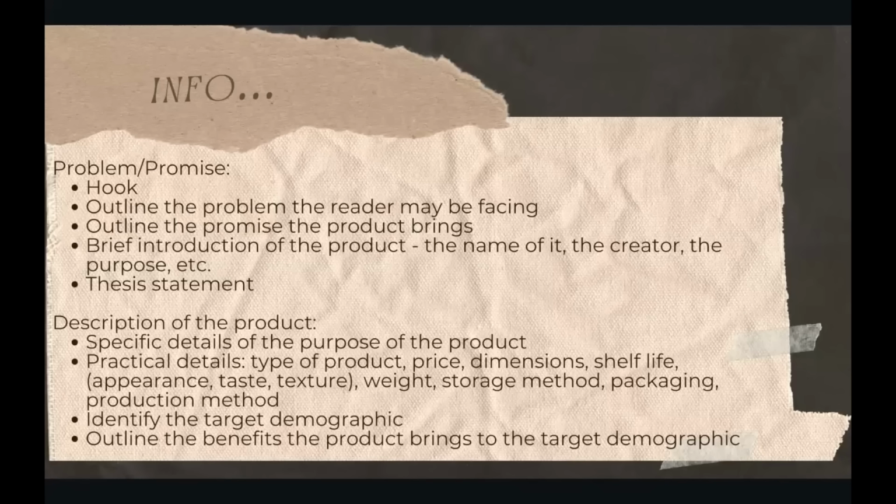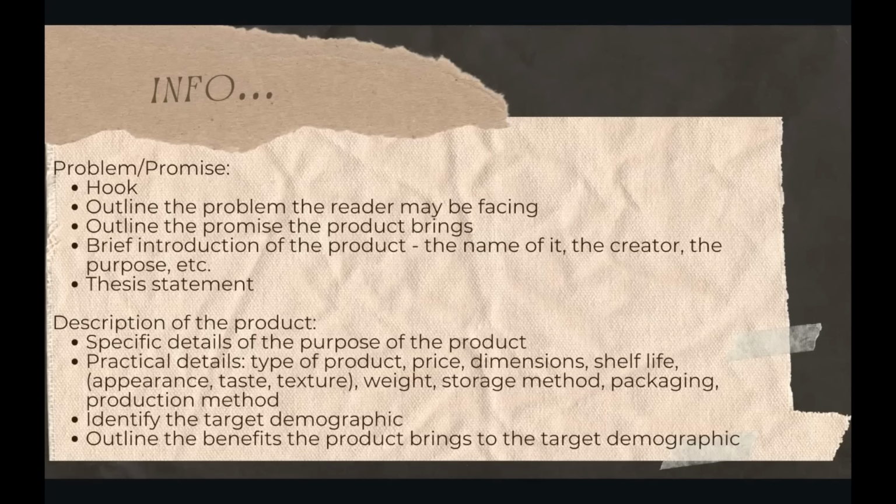The register and style for a product review, more so than something like a proposal, is semi-formal, in which you're giving a lot of information, but you're also giving your opinion, because it's a product review, so you're focusing a bit on yourself. So it's semi-formal in the sense that you're formal at times, but informal at times too. That's something you should take note of when you're writing it.